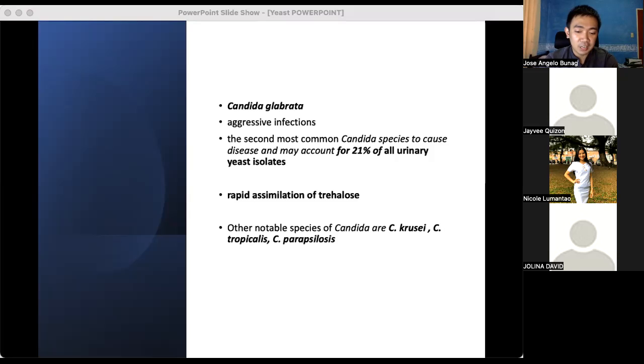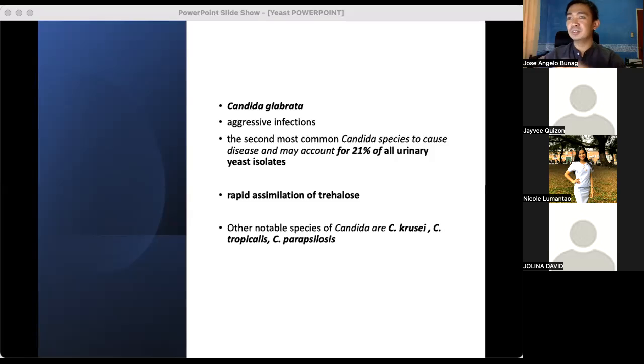Another, we have your Candida krusei. We have your Candida tropicalis. We also have your Candida parapsilosis. Take note yung Candida parapsilosis, this is associated with nosocomial infection.